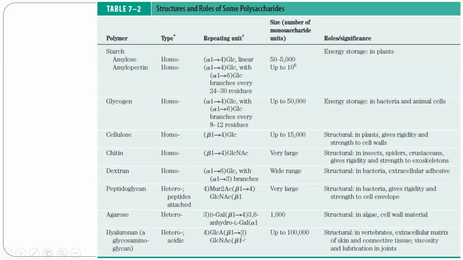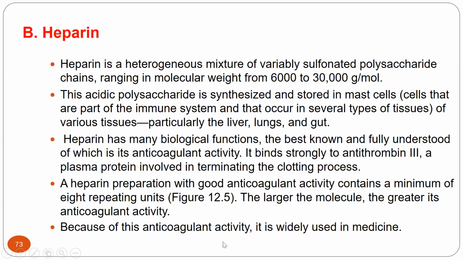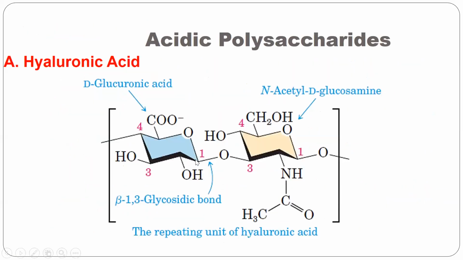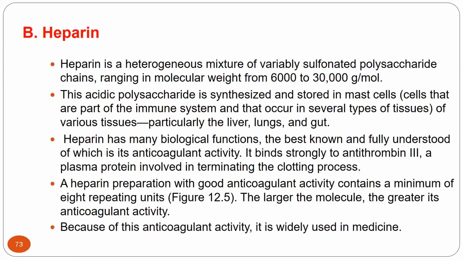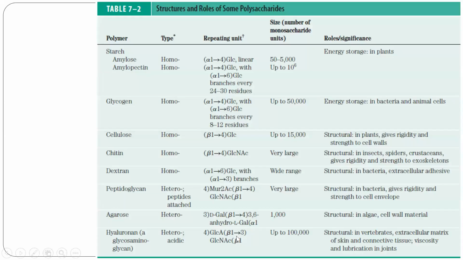Okay, and it forms a bond between glucose and glucosamine which is beta 1,3 glycosidic bond, but you just have to be careful because aside from the beta 1,3 glycosidic bond there's also a beta 1,4 glycosidic bond between this glucosamine and glucuronic acid.